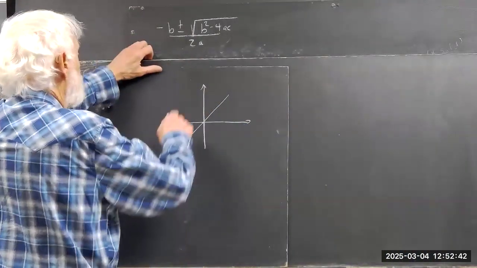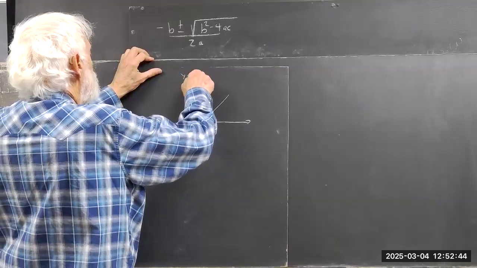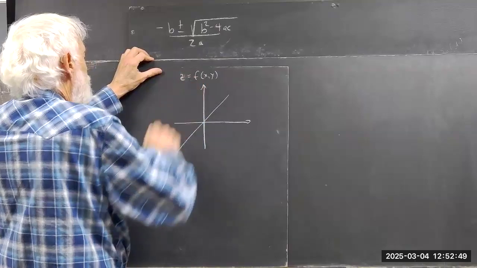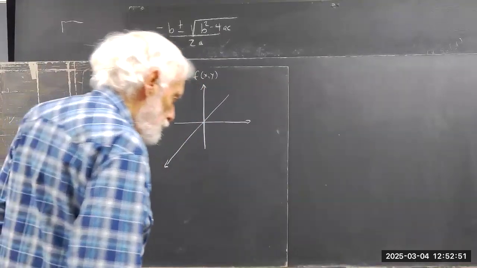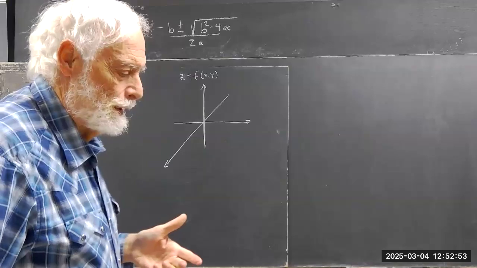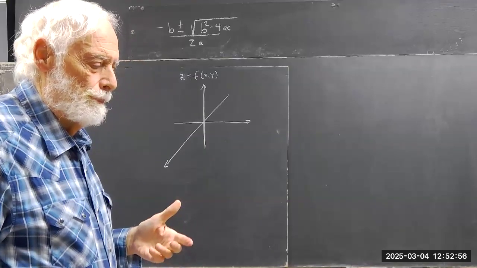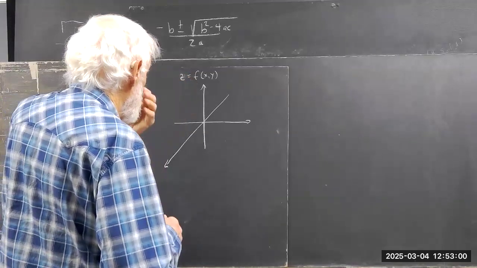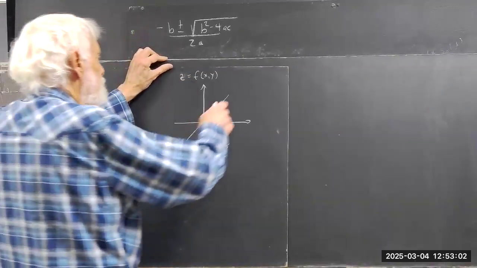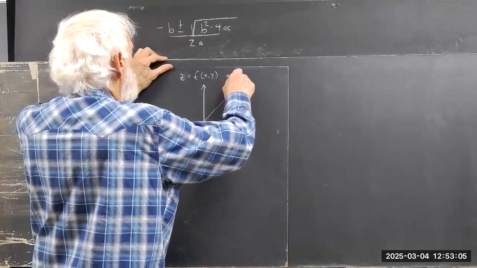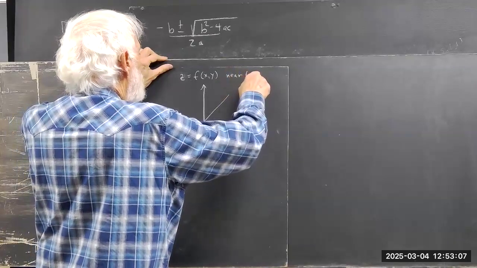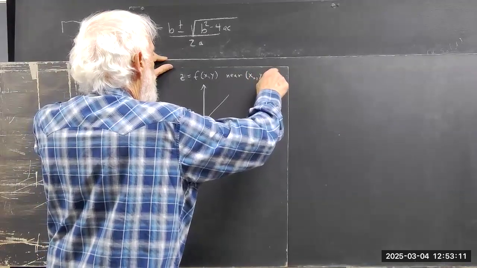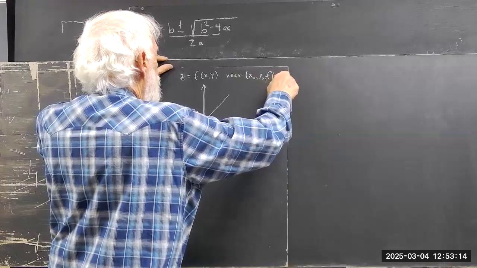So I have some function z equals f of x, y near some point x naught, y naught, f of x naught, y naught.